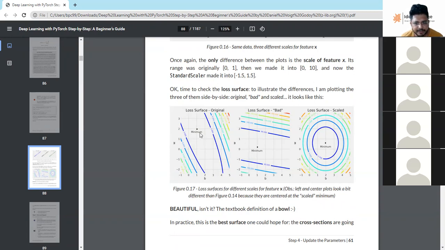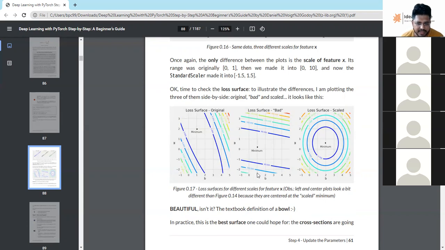You see here, this one is the scaled one, and this is bad. See here, the steepness of the curve is very high on this side, and it is not that high on this side. So the data is not uniformly distributed. When the data is not uniformly distributed, then gradient descent doesn't happen properly.